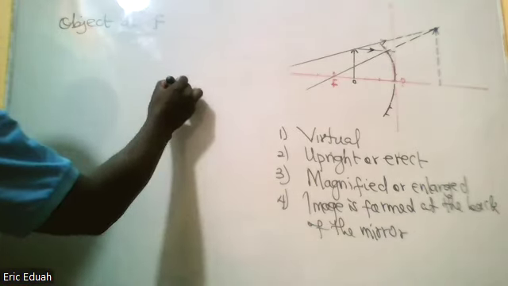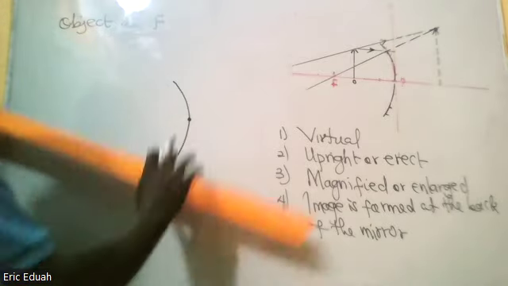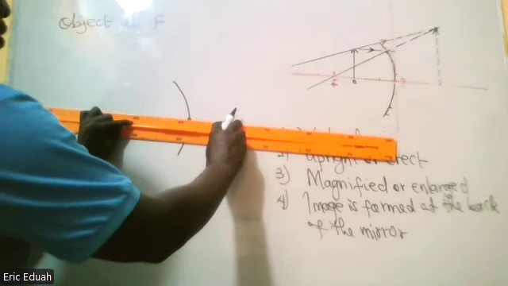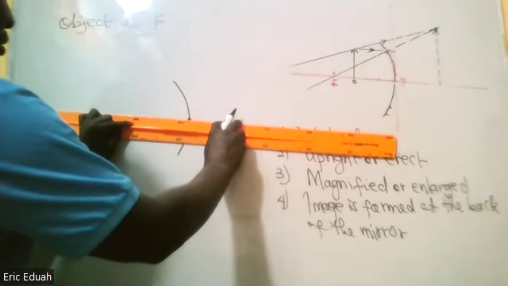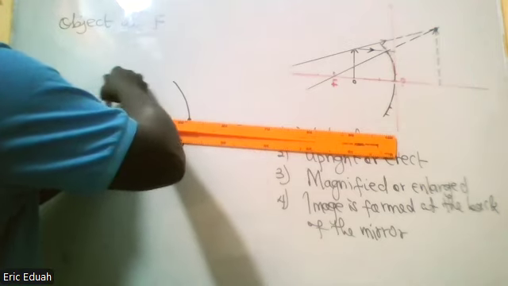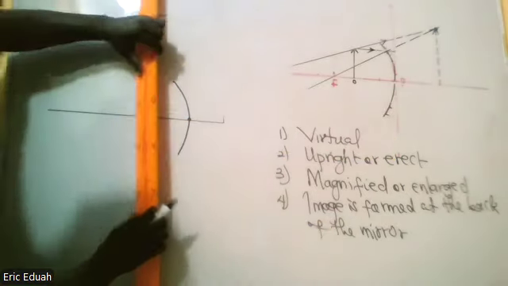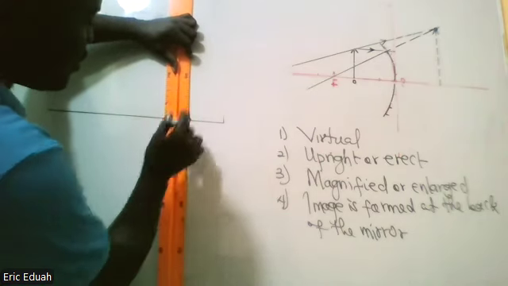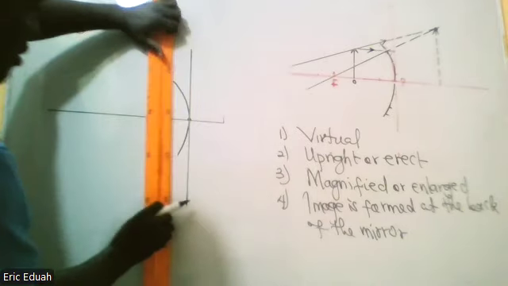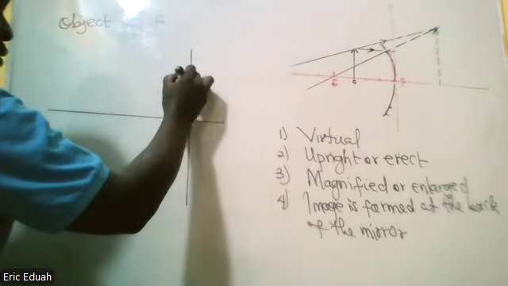So the mirror must just have a small aperture. Then the principal axis divides the mirror into two. You rule a vertical line to cater for reflection beyond the aperture of the mirror. And this is a concave mirror.